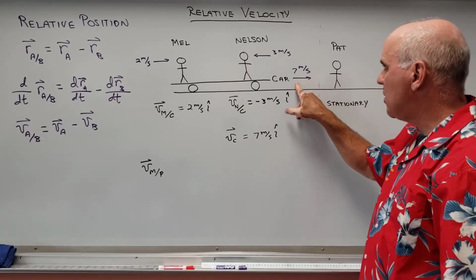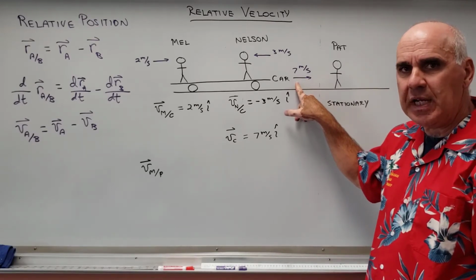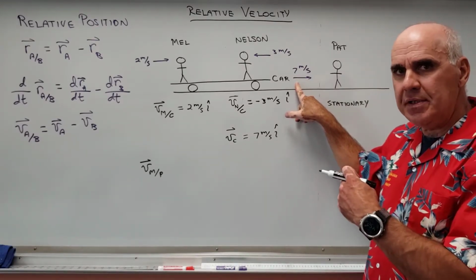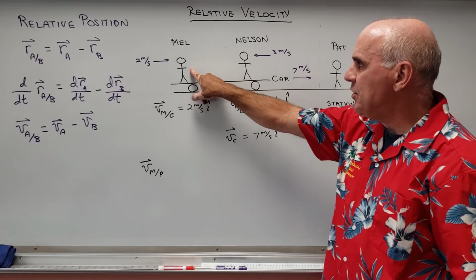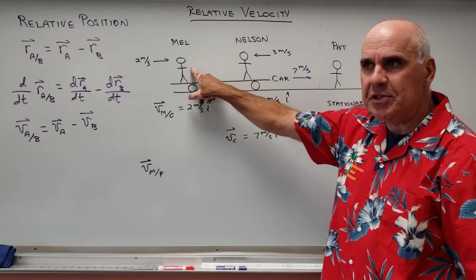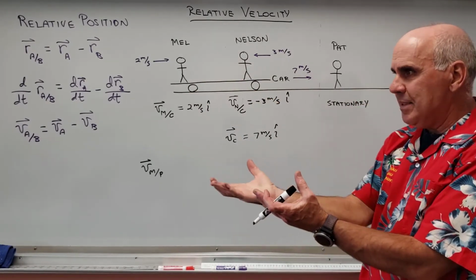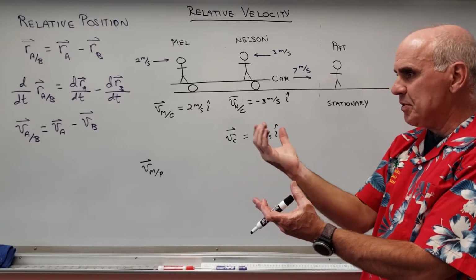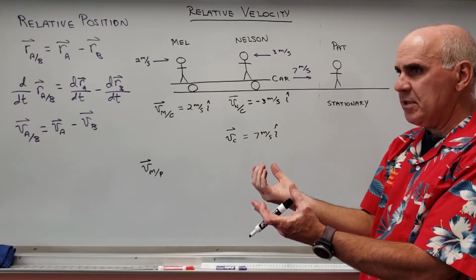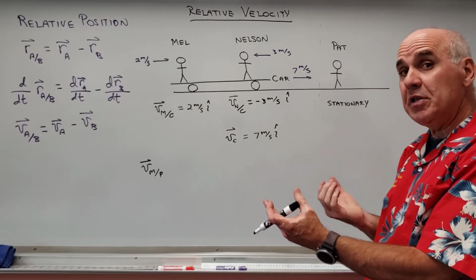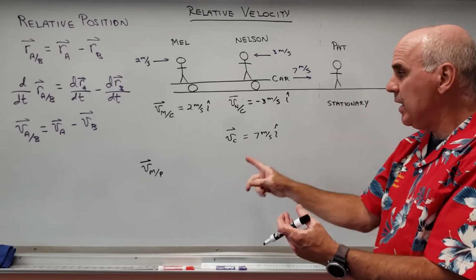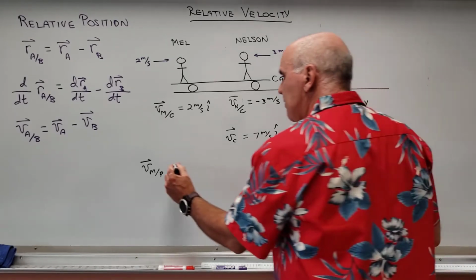So Pat sees the car moving at 7 meters per second to the right. And Mel is moving to the right on the car at 2 meters per second. So what Pat's going to see is 2 meters per second for Mel with respect to the car, plus the car is moving also in the same direction to the right at 7 meters per second. So what am I going to get here?